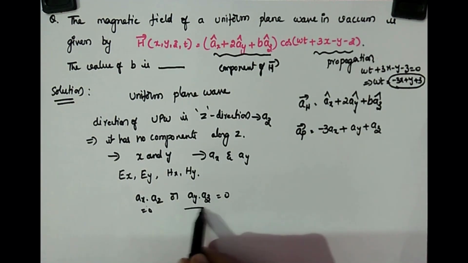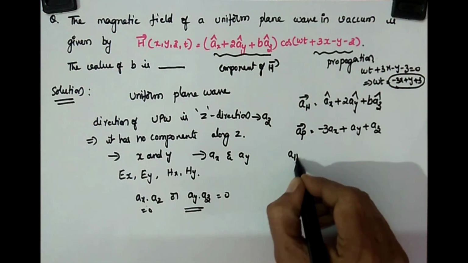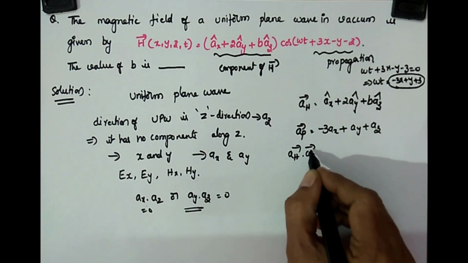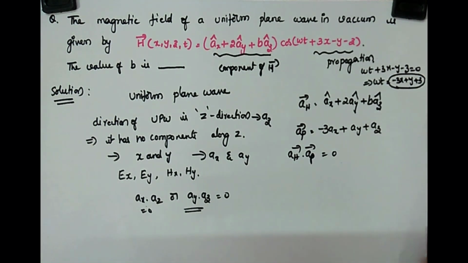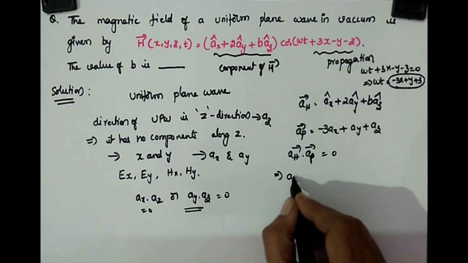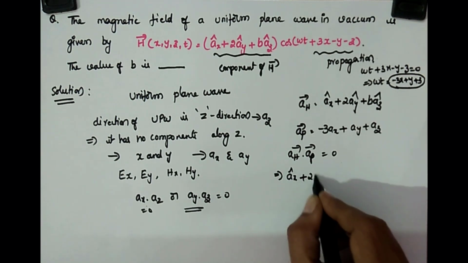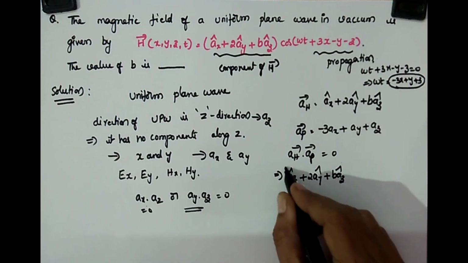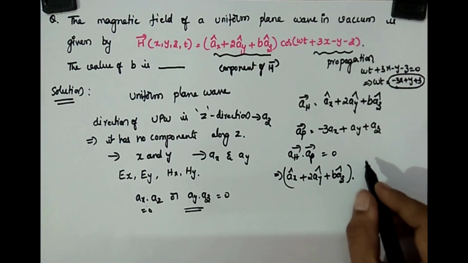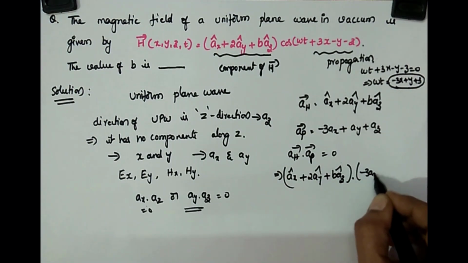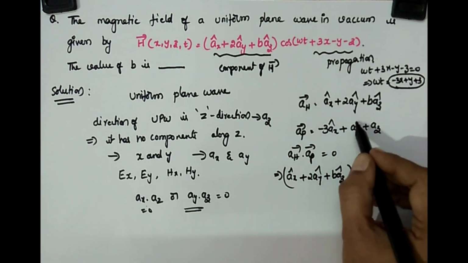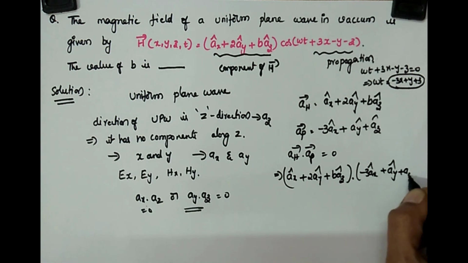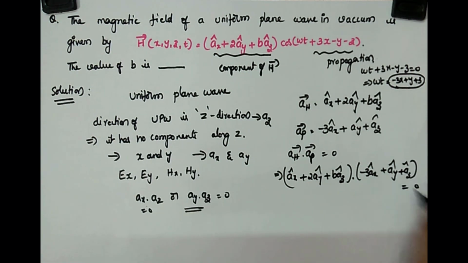Now if you apply this, you're going to get aH bar dot aP bar, the propagation direction, equal to 0. What is this? (ax bar plus 2 ay bar plus b az bar) dot (minus 3 ax bar plus ay bar plus az bar), these are all unit vectors, is equal to 0.